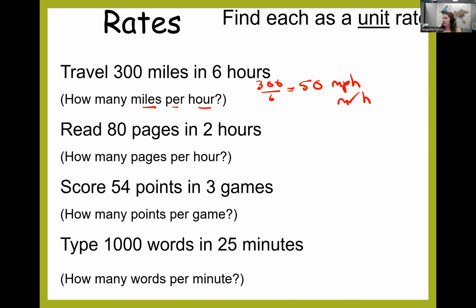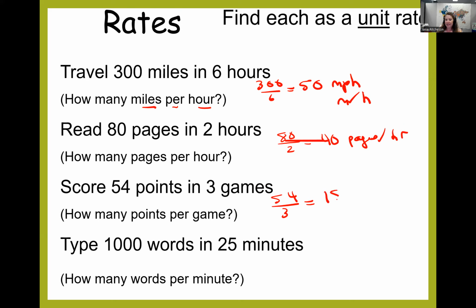All right, you guys pause the video and do these. What about 80 pages in 2 hours? How many pages per hour? That would be 40 pages per hour. What about 54 points in 3 games? 54 points per game would be 54 divided by 3.